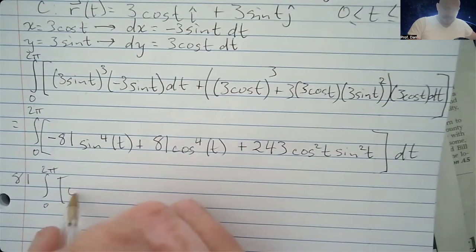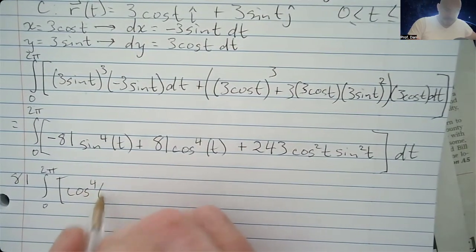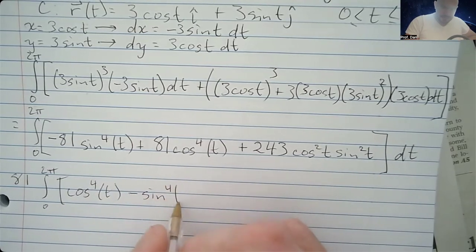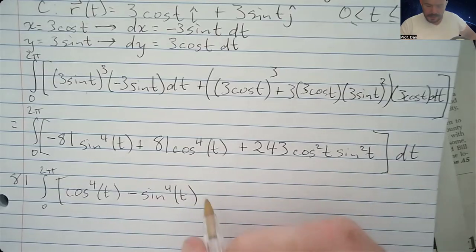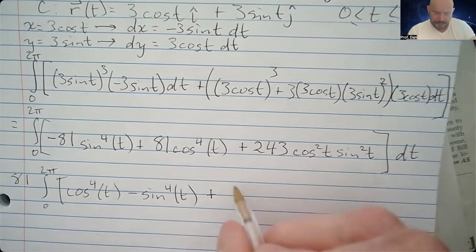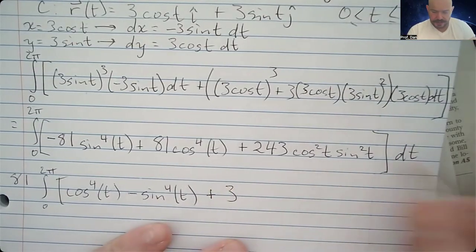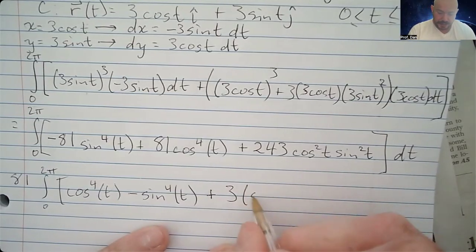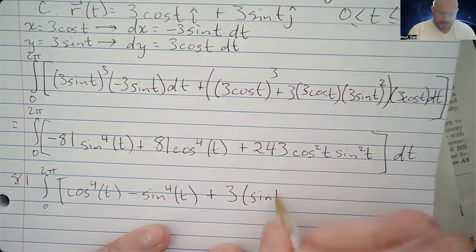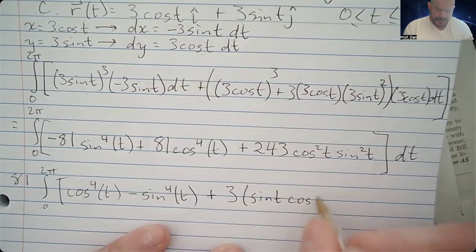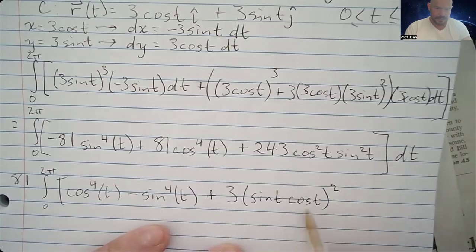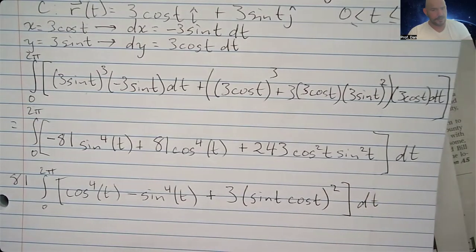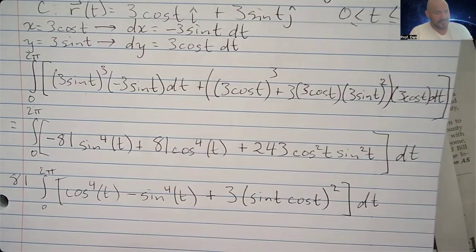That's going to leave behind cosine to the 4th of t minus sine to the 4th of t plus 3 times sine squared t cosine squared t, which I will write out as that quantity squared. The reason I want to do that is because now you might be thinking, oh, can I use a trig identity there? Yes, you can.